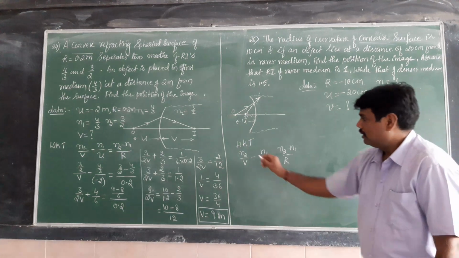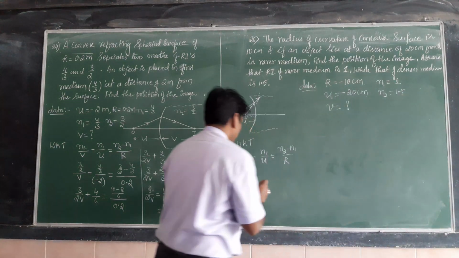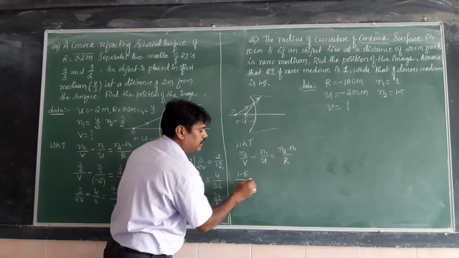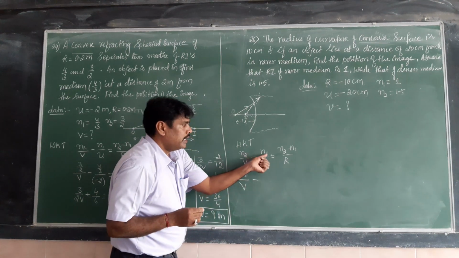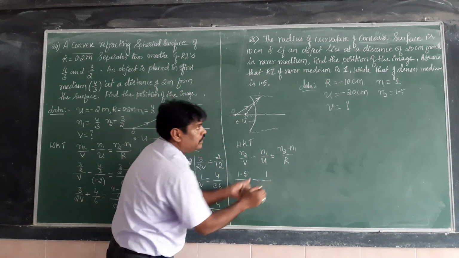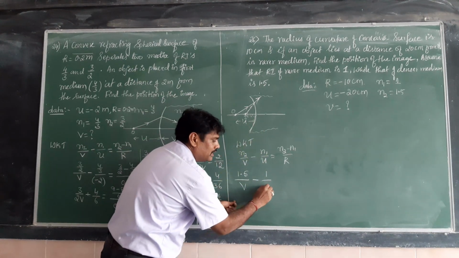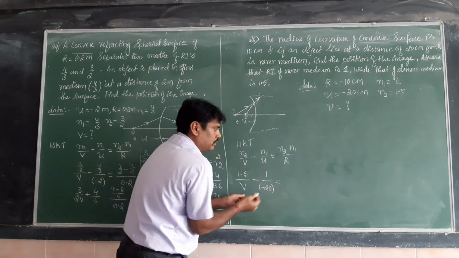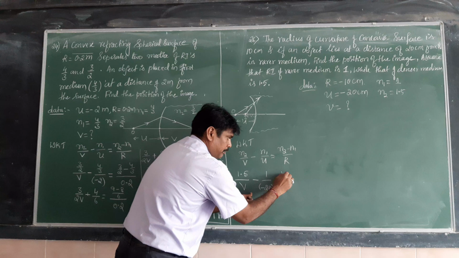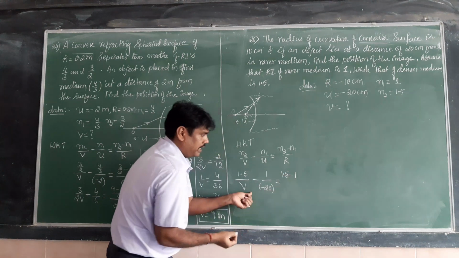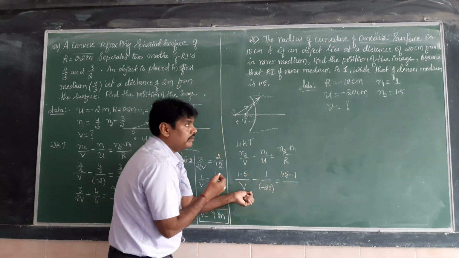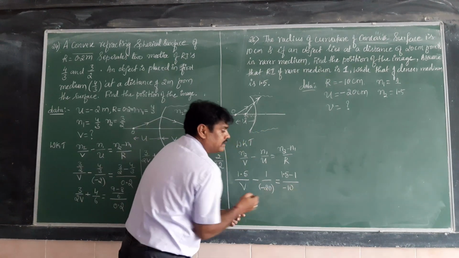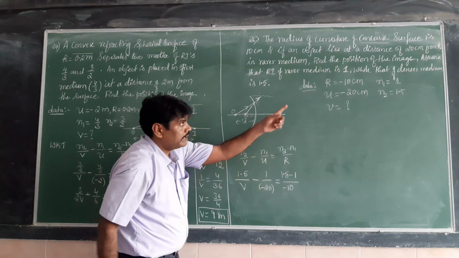Now to find the distance from here to here, substitute all the values given in the problem. n2 is 1.5. We need to calculate minus n1. n1 is 1 and u is minus 20 centimeter, equal to (1.5 minus 1) divided by the radius of curvature, which here is minus 10 centimeter.